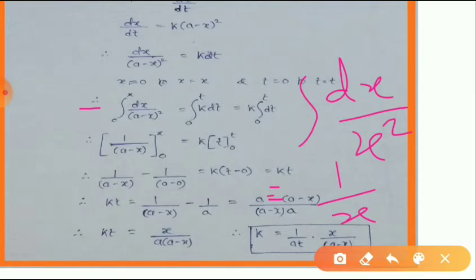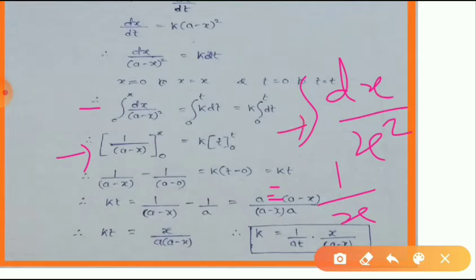This is the same form as here, dx upon a minus x whole square, so for that we can write 1 upon a minus x, within the limit 0 to x. So this is the derivation for this equation.